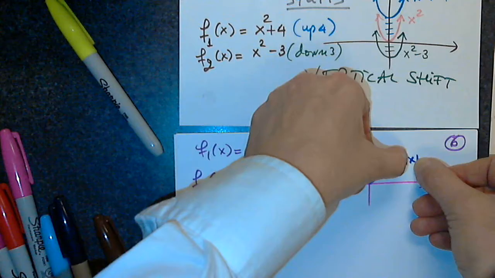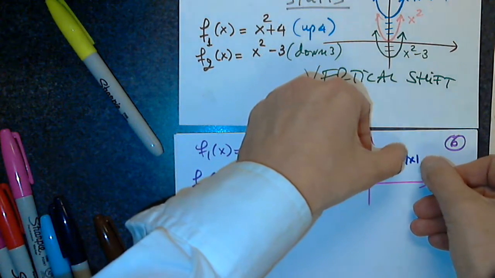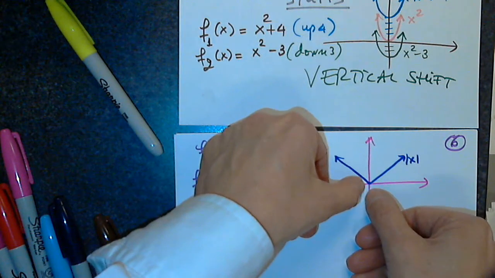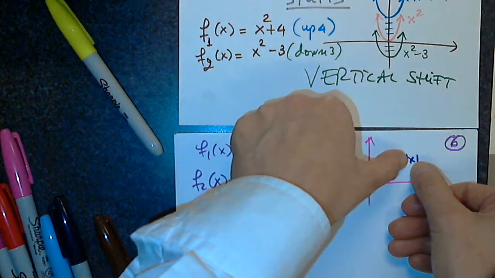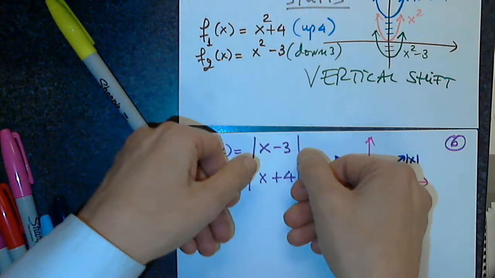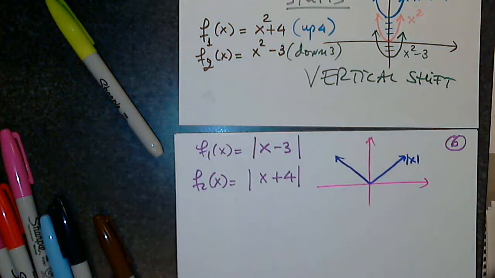This, when x is 0, y is 0, correct? So this will have this vertex, if you want. It's not called vertex, this sharp, the corner. So y is 0, the function is 0 when x is 0, correct? Where is this function 0? When x is, aha. Now you tell me, where does this go? Does it go to your right or does it go to your left?